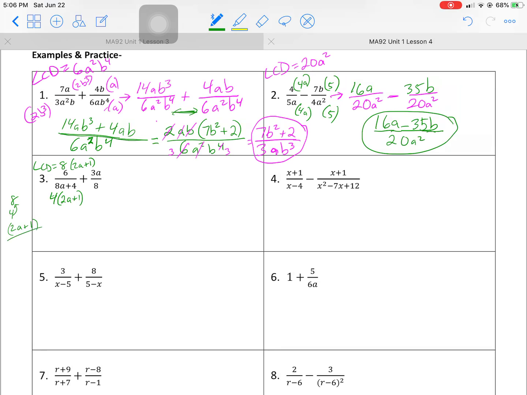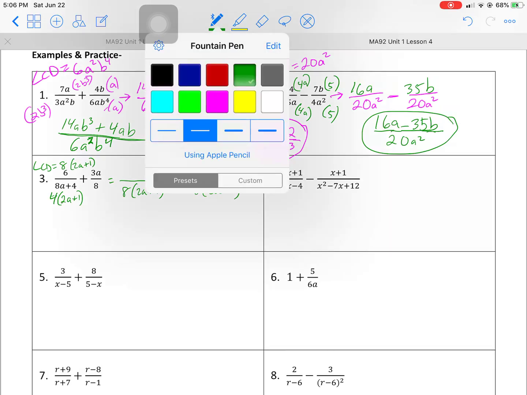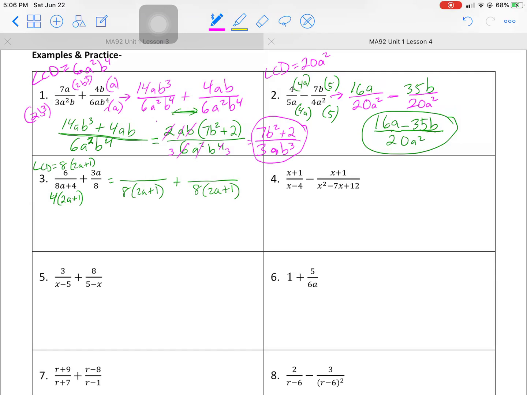And then we need this one here. So this is going to turn into 8(2a plus 1) plus 8(2a plus 1). All right. What was multiplied by this to make that? All you needed was a 2. So all we're going to multiply the 6 by is a 2, so that's a 12.